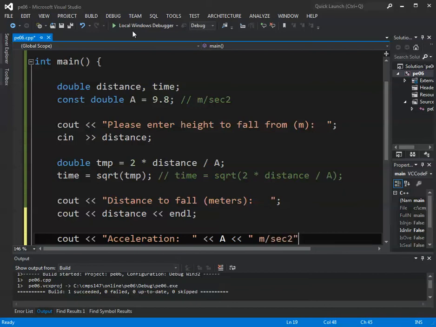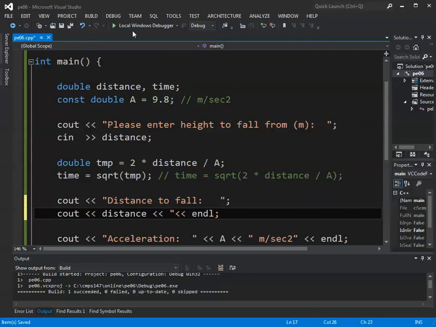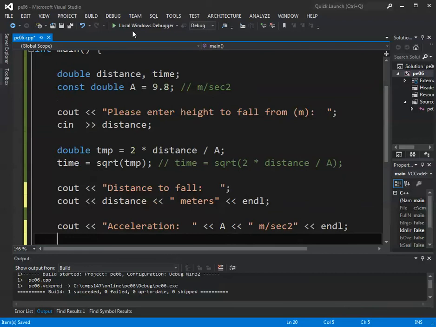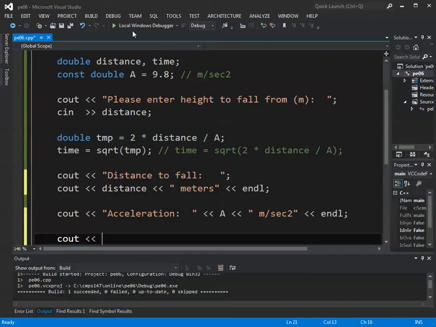And there's really no way to write that exponent out, so we'll leave it like that. In fact, let's put the units right afterwards. And now we'll print out the time.